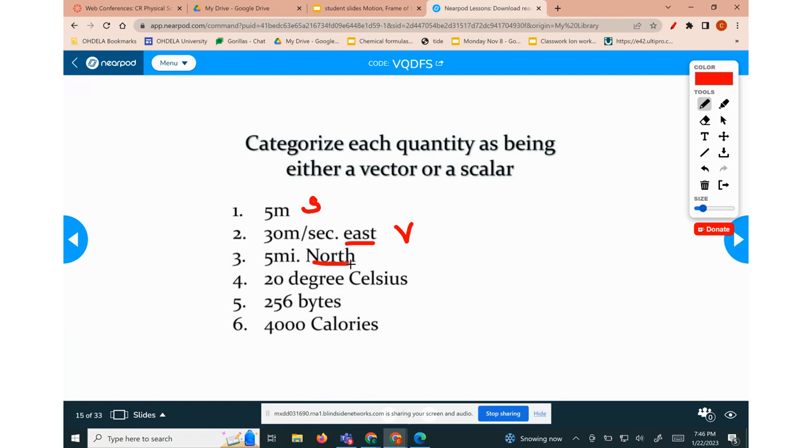North, 5 miles, a vector. Now if it was just the direction, it wouldn't be a vector. Here is 20 degrees Celsius. It's just temperature. That's a scalar. 256 bytes. That's a scalar. And 4,000 calories is a scalar. Just a number. It can have a unit, but if it has the direction in it, then it is a vector.